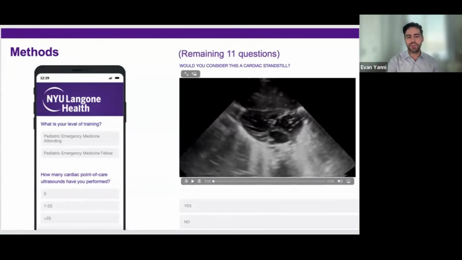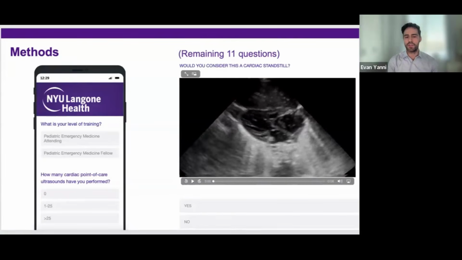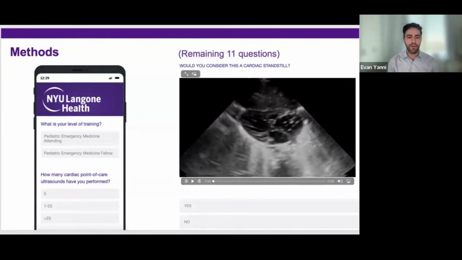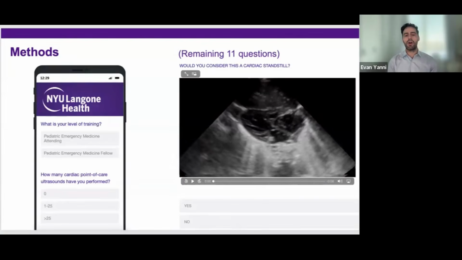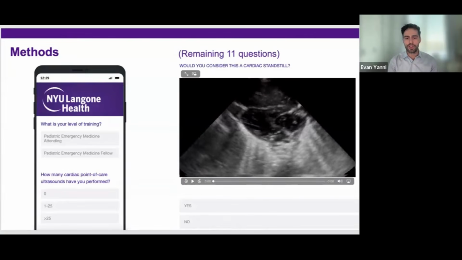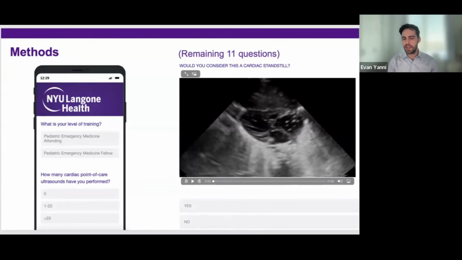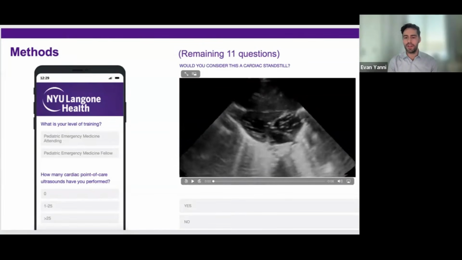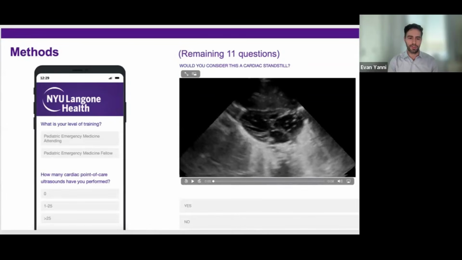The first 3 questions of our survey solely asked the participant level of training and their degree of ultrasound experience. For ultrasound experience, we chose a cutoff of at least 25 ultrasounds based on the ACEP statement that providers should have between 25 to 50 quality reviewed exams in a particular application to achieve proficiency.